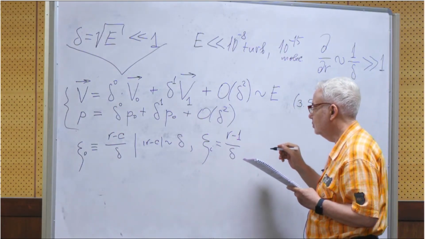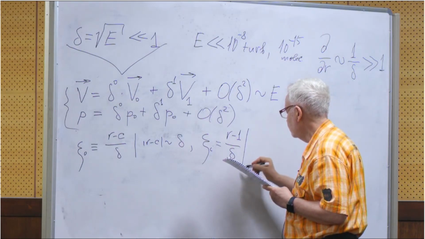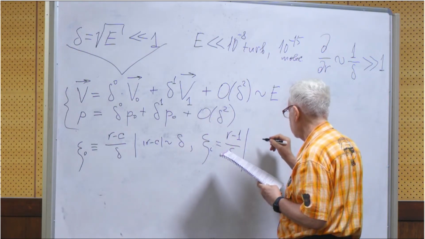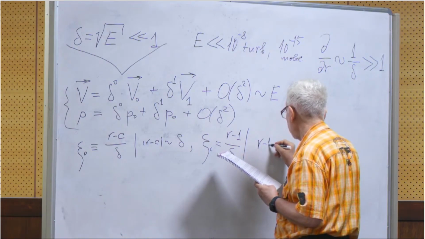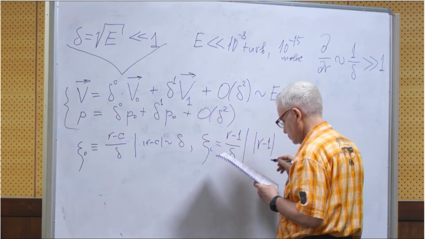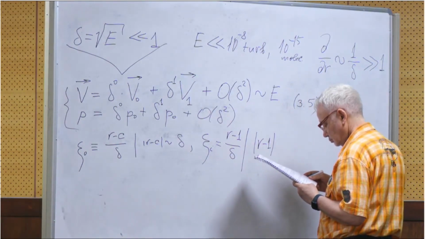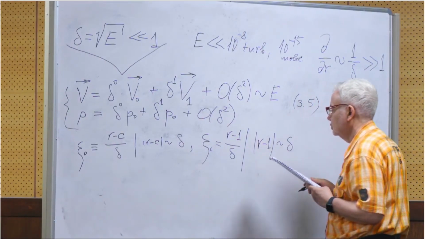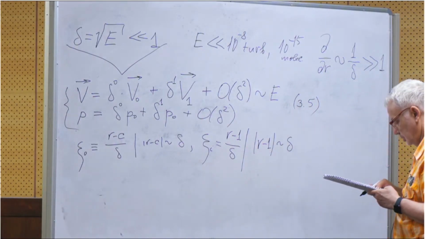So again, the similar condition of existence of this boundary layer is that the modulus of R minus 1 is of order delta. So this is inside this boundary layer.